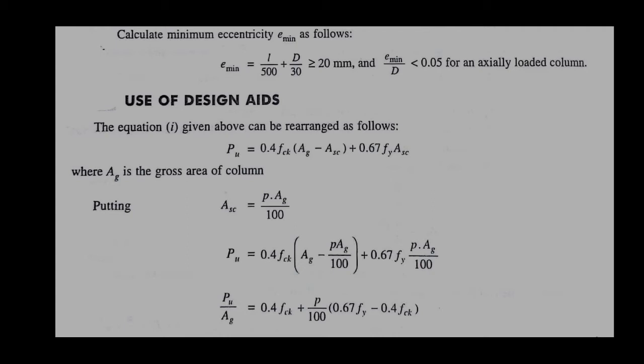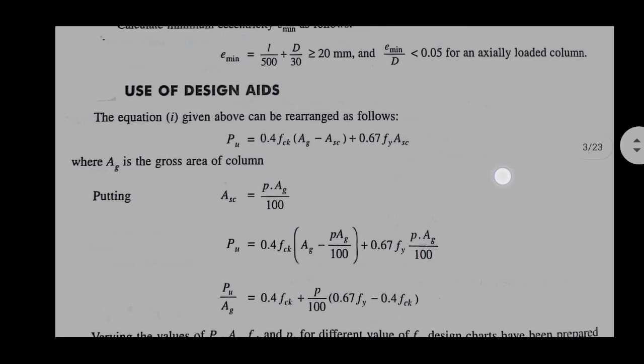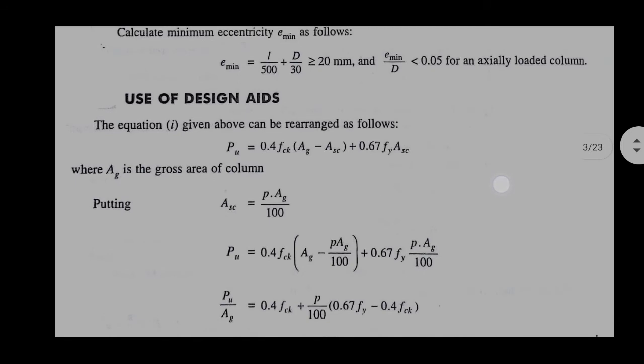Now putting Asc equal to p into Ag by 100, Pu will be equal to 0.4 fck (Ag minus p Ag by 100) plus 0.67 fy into p into Ag by 100. So Pu by Ag is equal to 0.4 fck plus p by 100 (0.67 fy minus 0.4 fck). So we can rearrange like this.